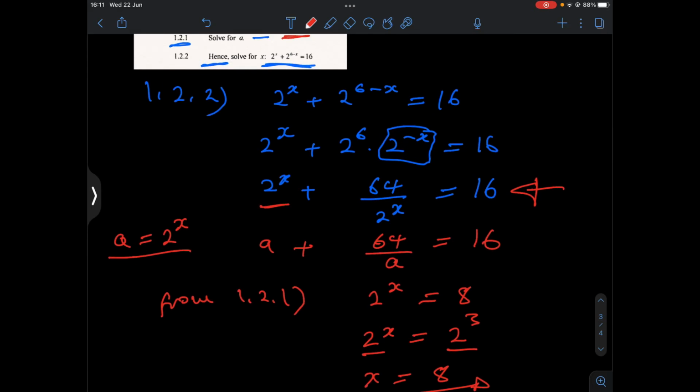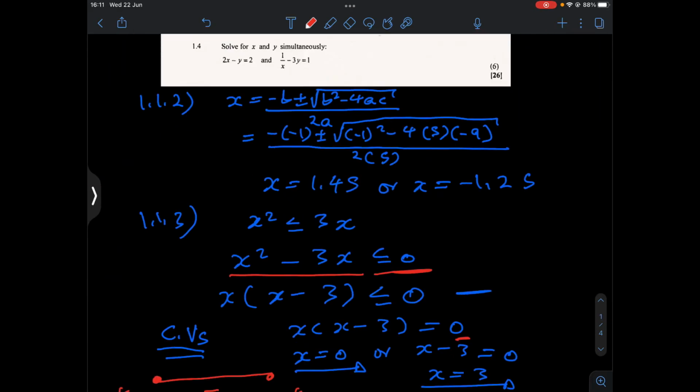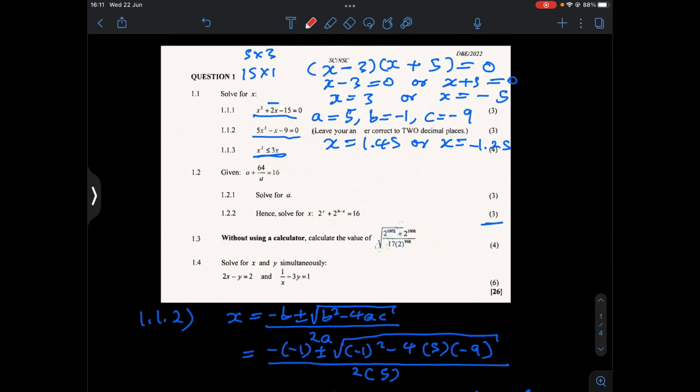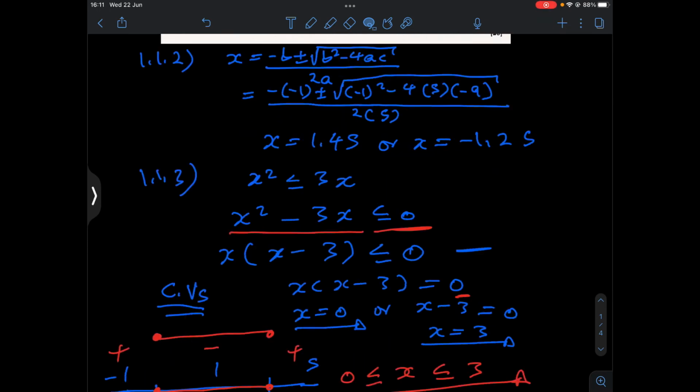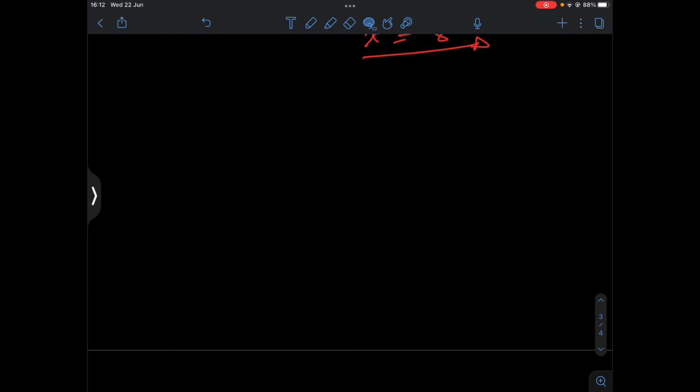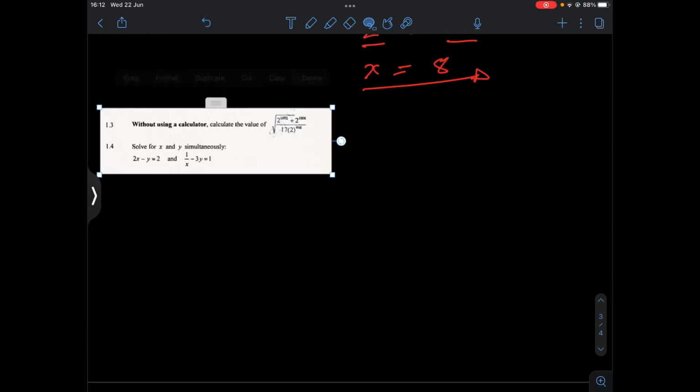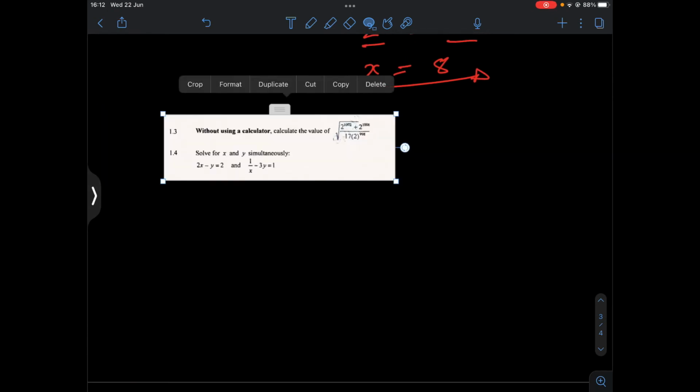Now let us go to the next question. It's not necessarily the last question, so we still have to do 1.3 and 1.4. So I'm just going to quickly copy and paste here so that we can work out the solutions to these questions.